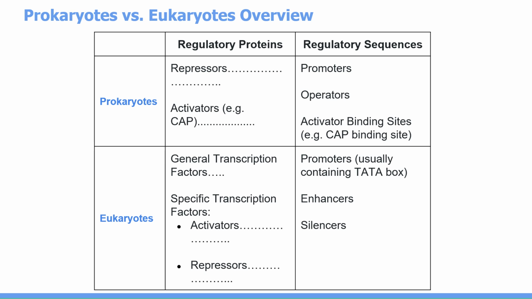Now, for eukaryotes, the regulatory proteins include the general transcription factors, the specific transcription factors, activators and repressors, the promoters containing that TATA box, and then the enhancer sequences that are upstream of the promoter, and the silencers as well.